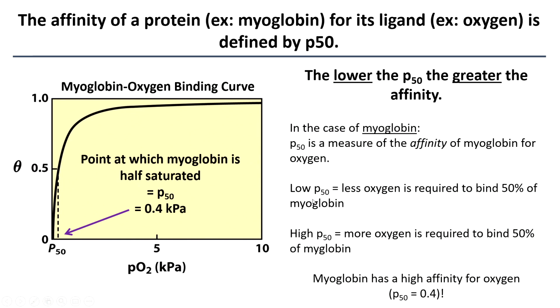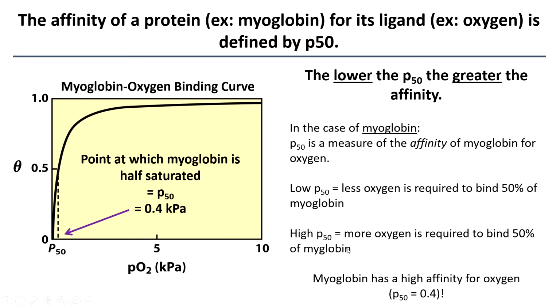If that number is very low, that means less oxygen is required to bind 50% of the myoglobin. So you don't need a lot of oxygen around for the myoglobins to be able to bind it and hold on to it. If there was a high P50, this would mean that more oxygen is required to bind 50% of that myoglobin.